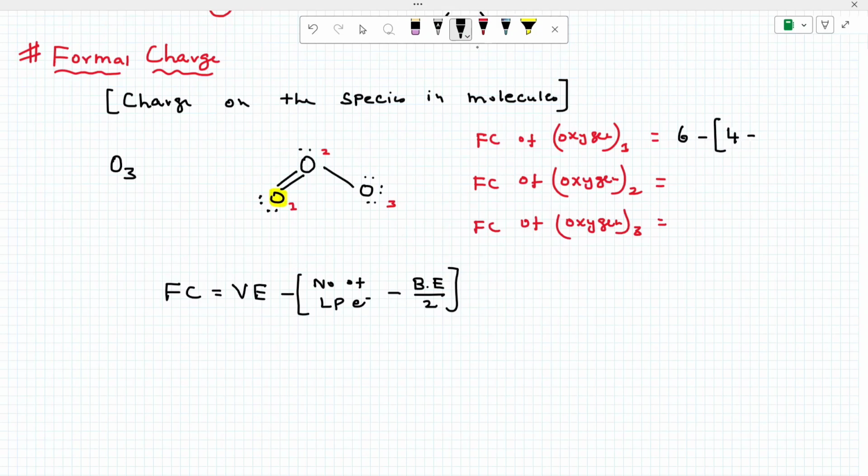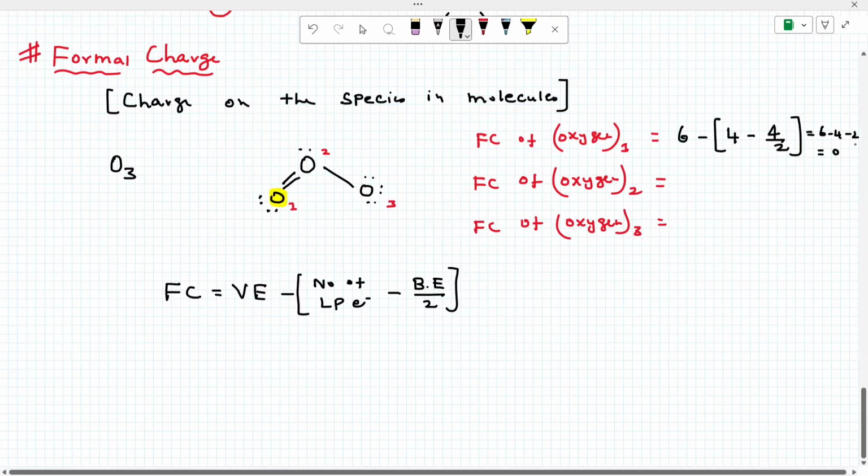So here it is 4 by 2. Very simple. What is the answer? Here 6 minus 4 minus 2, the answer is 0. Yes or no?